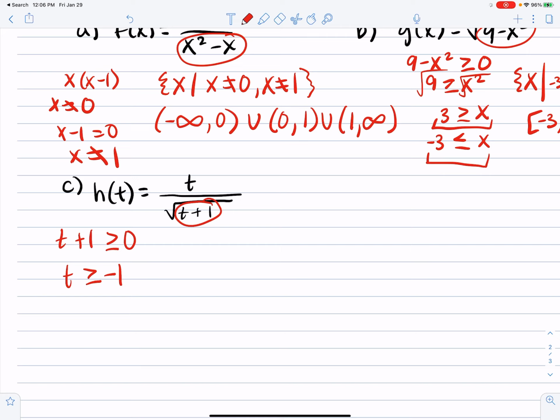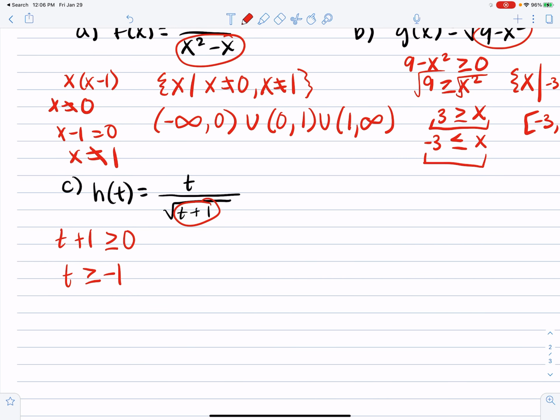But now let's look. The square root is actually in the denominator. So if t equals -1, -1 plus 1 equals the square root of 0, which equals 0. And actually, we can't have 0 in the denominator, so that's the second rule.